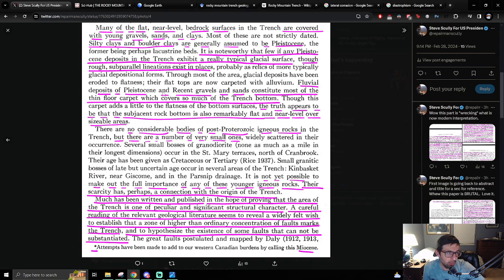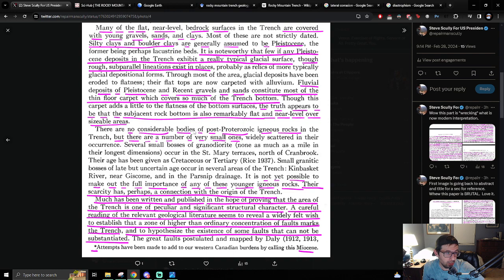Fluvial deposits of Pleistocene and recent gravels and sands constitute most of the thin floor carpet which covers so much of the trench bottom. The truth appears to be that the subjacent, so below, the subjacent rock bottom is also remarkably flat and near level over sizable areas.